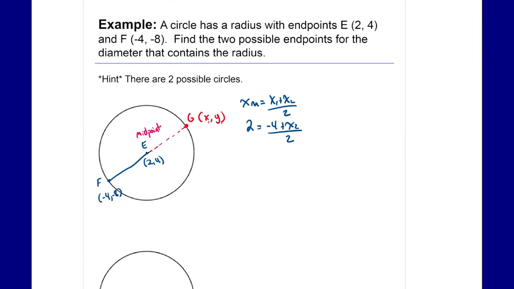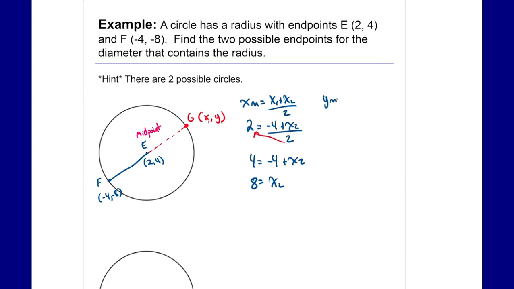Bring the 2 up and multiply, so we get 4 is equal to -4 plus x2. Move the -4 over, it becomes addition. We get 8 is equal to x2. So now I have the x value.